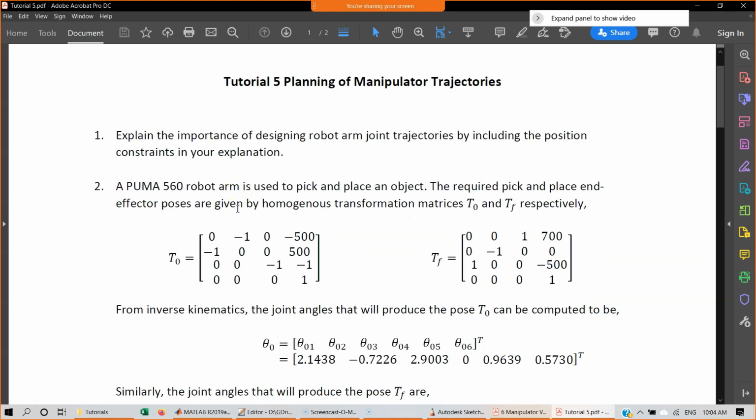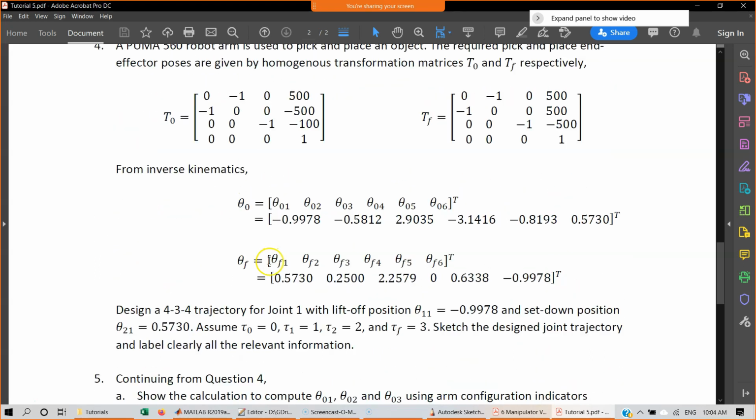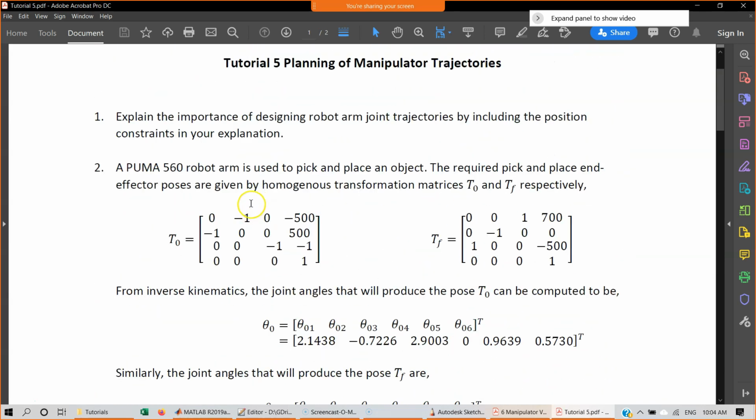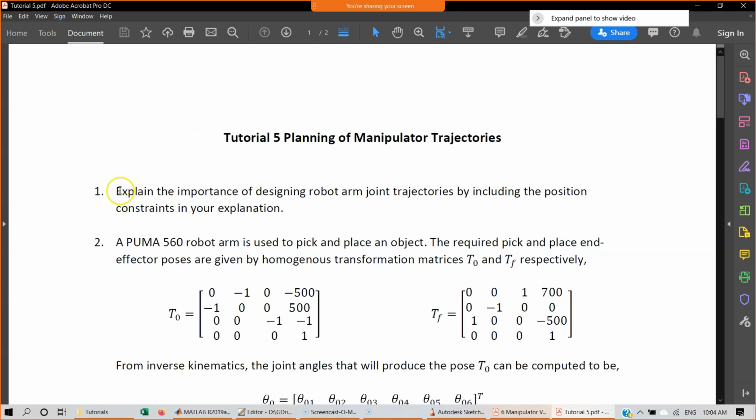So tutorial 5, let me just give you a brief overview of what it's all about. If you notice, it is very, very close to what we have in the notes. So question 1, explain the importance of designing robot arm joint trajectories by including the position constraints in your explanation. Of course, you can think of a clear answer for this, right?